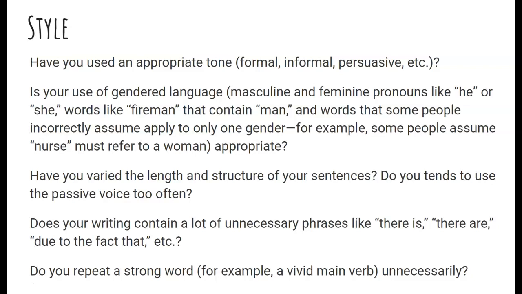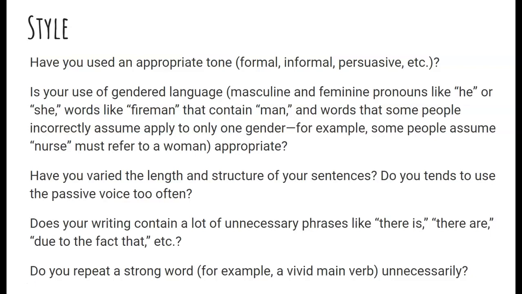Similarly, if we have really choppy sentences, the cat run, the cat sat, the dog hit the ball, anything like that, it's going to sound really choppy and repetitive. So we want to change those things up to make sure that we're engaging our readers and keeping them on their toes.